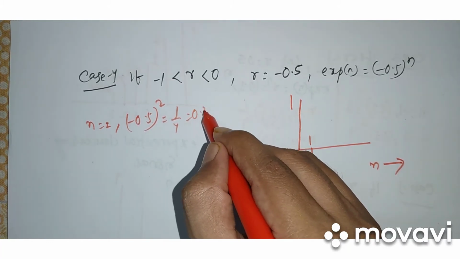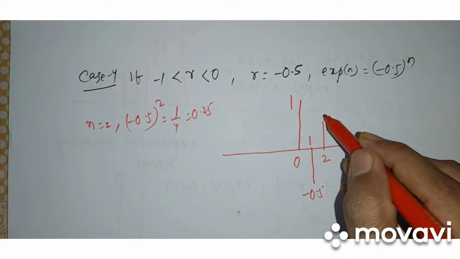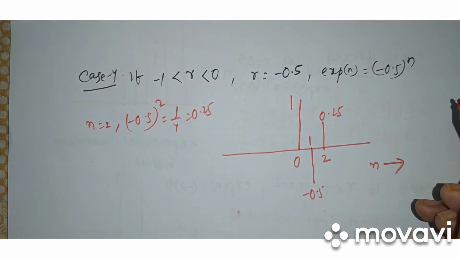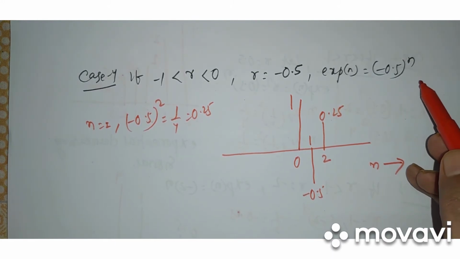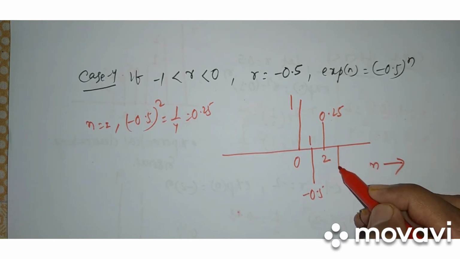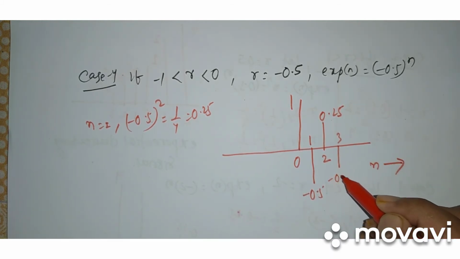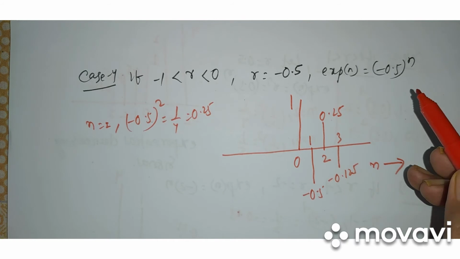It is equal to 0.25. Okay. Similarly, when n equals 3, it is minus 1 by 8, which is minus 0.125.